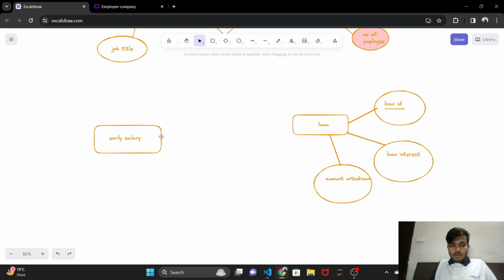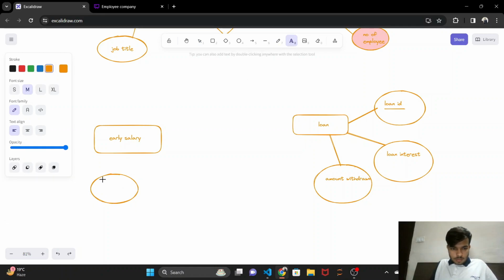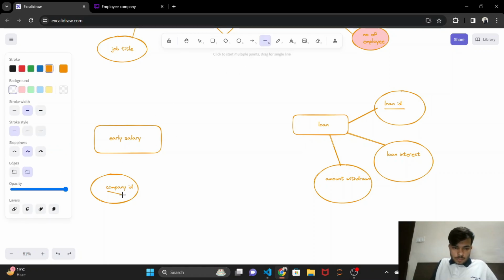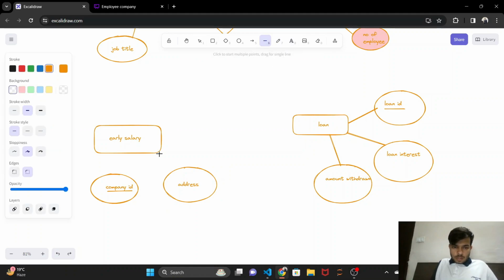So early salary will have attributes, company ID, which we all know is a primary key. Next attribute we can add is address, and we will be connecting these attributes with its main entity.